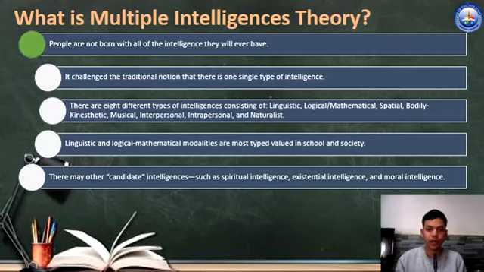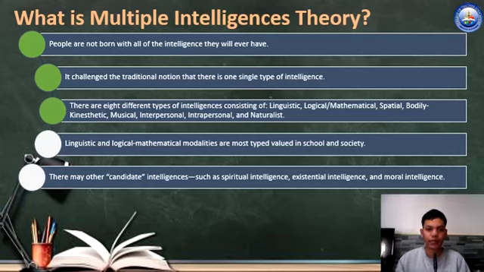First, Howard Gardner's theory of multiple intelligences proposes that people are not born with all of the intelligence they will ever have. This theory challenged the traditional notion that there is one single type of intelligence, sometimes known as g, which stands for general intelligence, that only focuses on cognitive abilities.